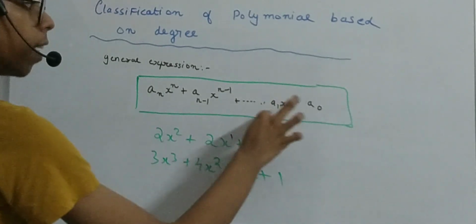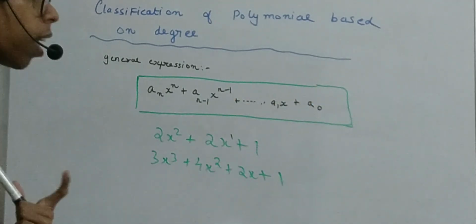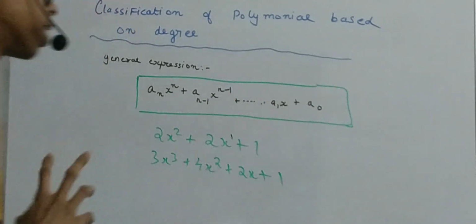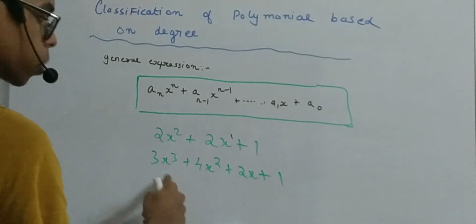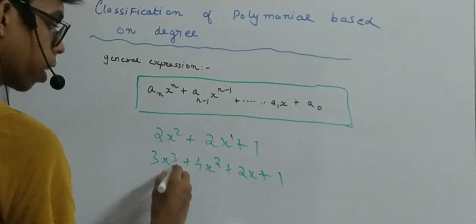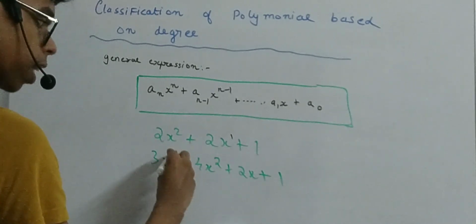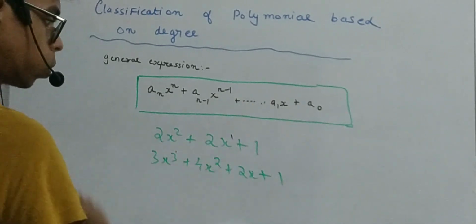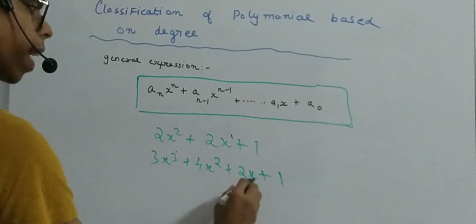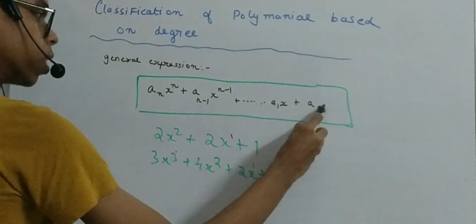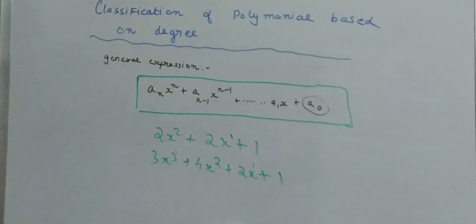And when we go like this up till the end, we will get our a0. a0 means the final constant term. Similarly, 3x cube plus 4x square. Here x raised to n, here the n is 3. 3 minus 1, 2. Then similarly here we will get 1 and finally it will go up till the constant term over here.